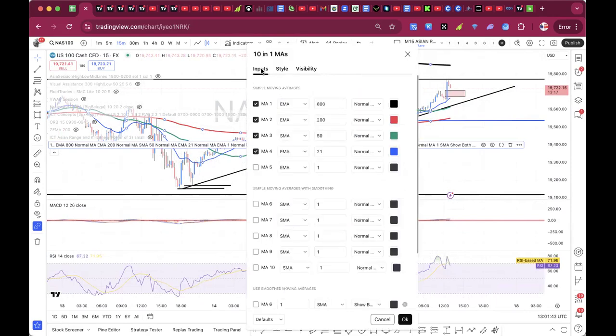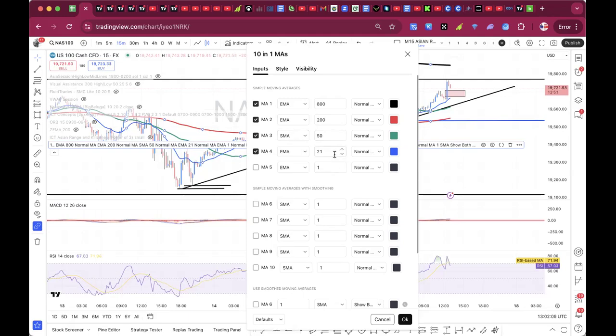Okay. So look at input. So I put 800, 250, and 21. So you enable this and make everything to be EMA. Okay. So once you have done that, you can leave 50 to be simple moving average.